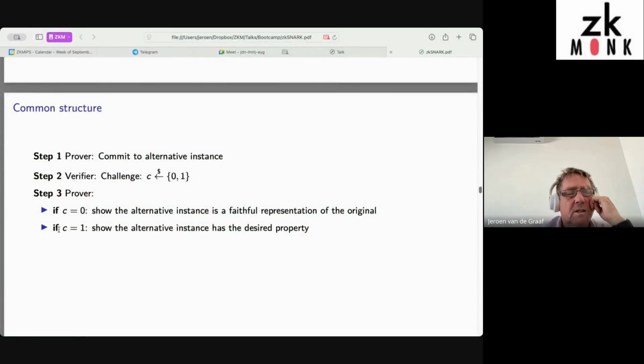And if the challenge bit is 1, then the prover must show that the alternative instance has the desired property. In the first case, it was showing the discrete logarithm. And in the second case, it was showing the Hamiltonian cycle. So this is a sort of simplified construction. There have been many protocols that follow this scenario.